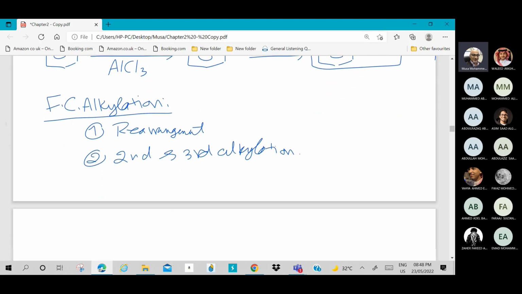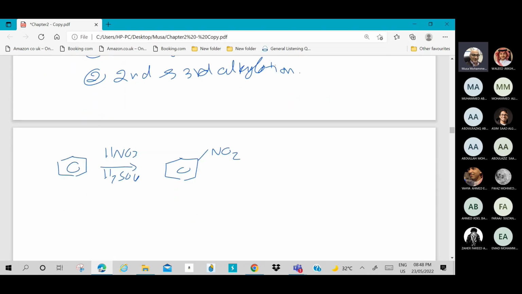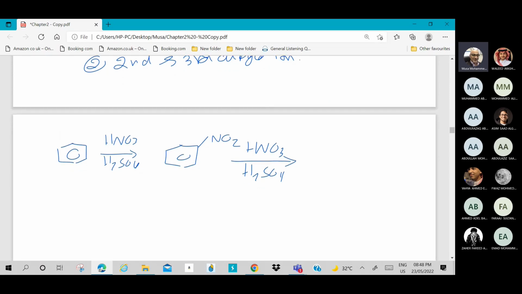So now, when you have nitro group, you have benzene ring, and you do nitration, HNO3, H2SO4, then you know that the product will be a single nitro group that's installed. Now, if you want to do the second nitration reaction, you have to add HNO3, H2SO4, but you have to know now that the reaction will become slower. Why?